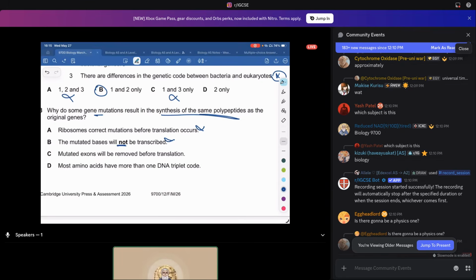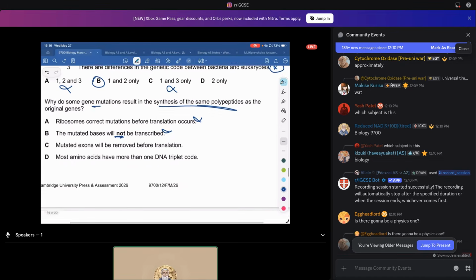Non-overlapping means that the same triplet of bases does not code for one amino acid here and a different amino acid. There are no triplets of bases that code for two amino acids. One triplet, one amino acid; one amino acid, multiple triplets.